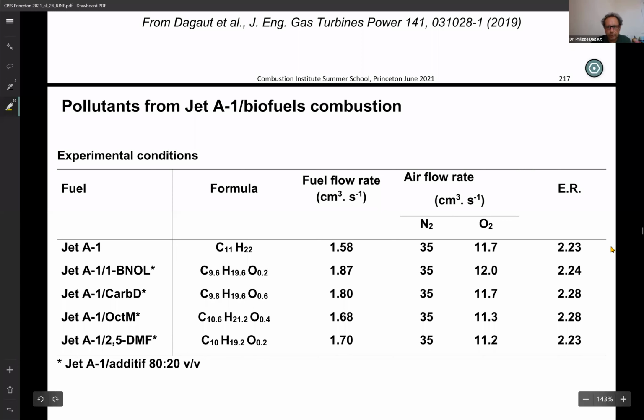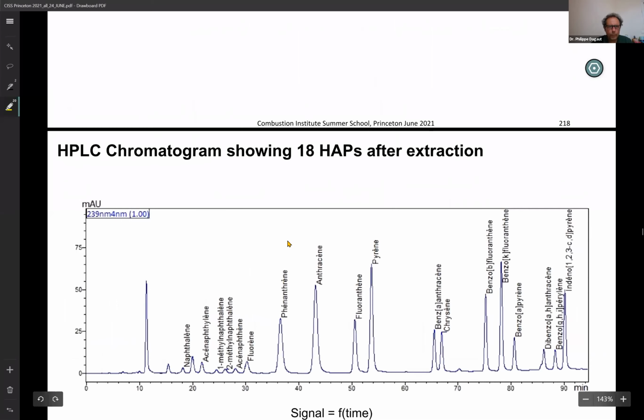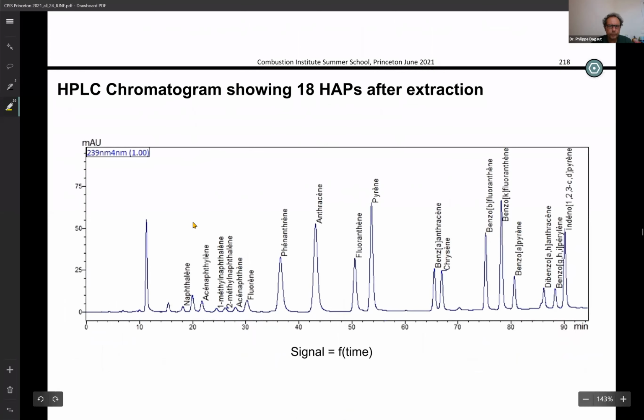And we operated at an equivalence ratio above 2.2. And this time we had 20% of additive in volume. So we could extract the different polyaromatic hydrocarbons which are stuck on the surface of soot, separate them using liquid chromatography, and analyze them by UV absorption.